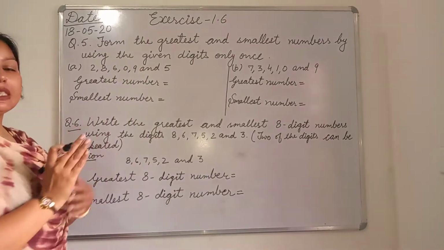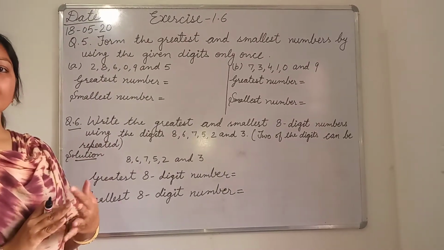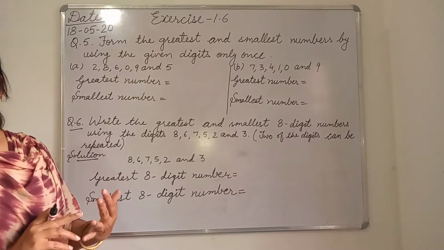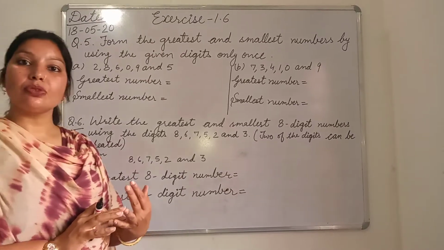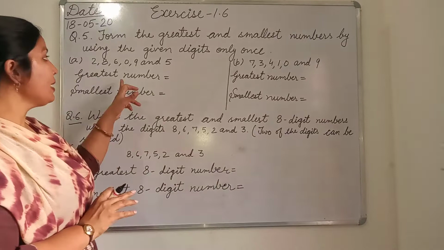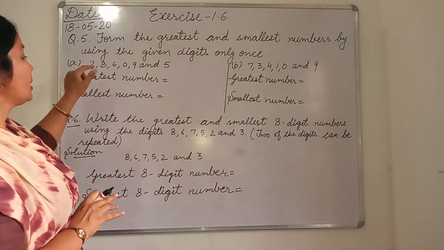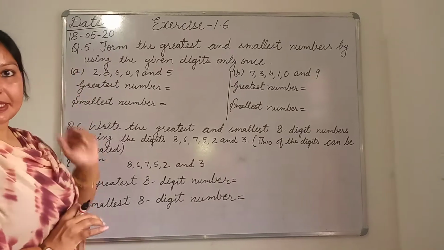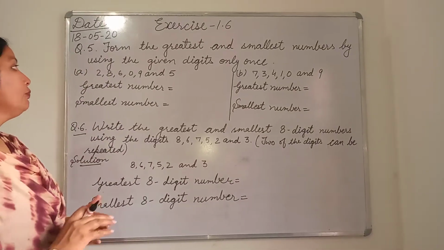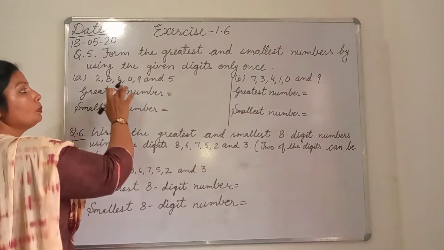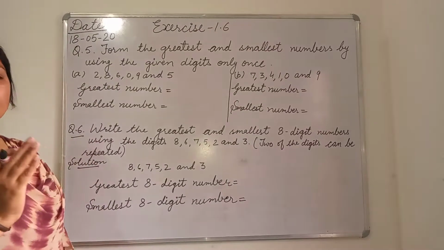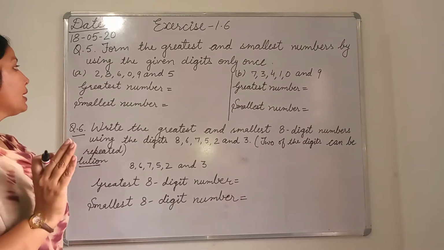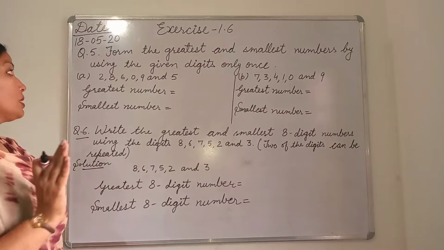Whenever we are making the greatest number, we should arrange the digits from greatest to smallest. Here commas are given, so these are the digits. But when we make a number, we don't put the commas. So when you make the number, you will not put the commas.